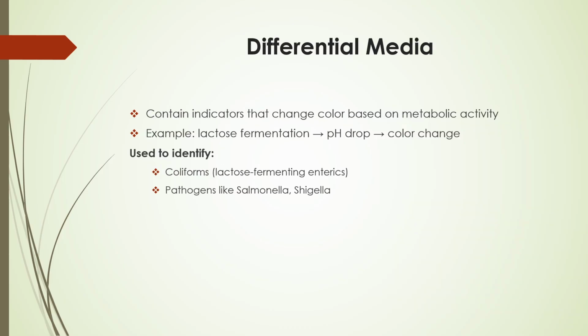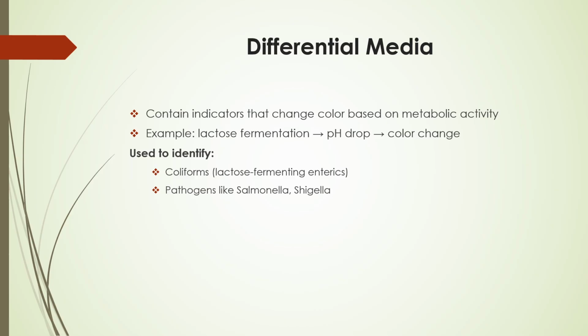Differential media contain indicators that change color based on metabolic activity. For example, lactose fermentation causes a pH drop and then a color change. Used to identify coliforms, lactose-fermenting enterics, from pathogens like Salmonella or Shigella.